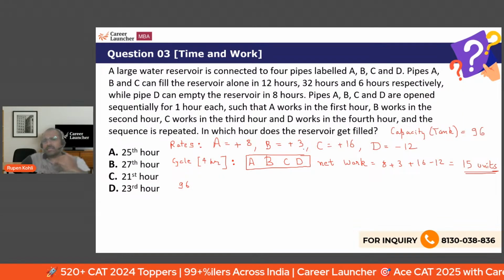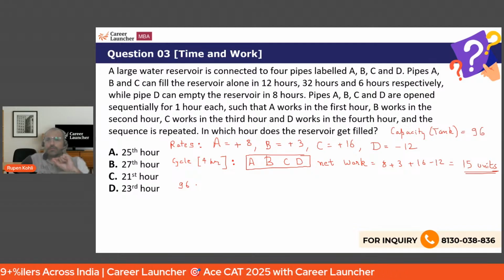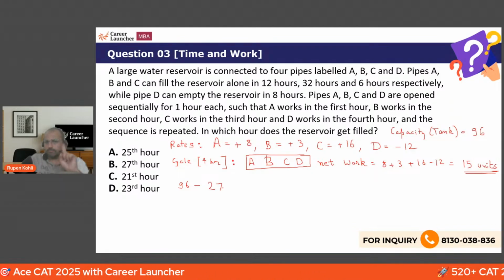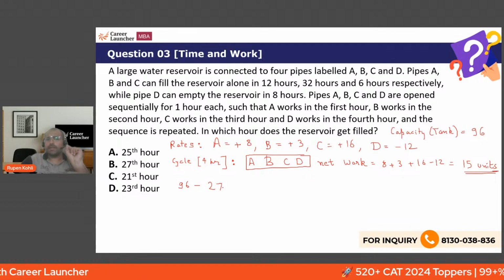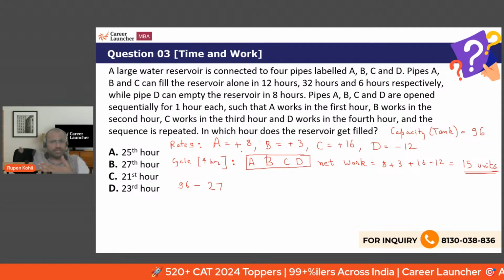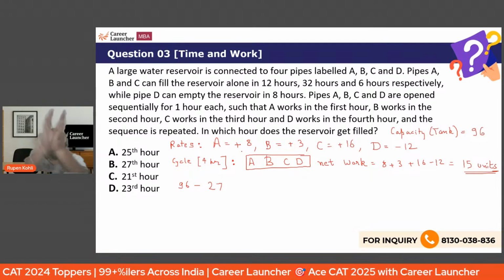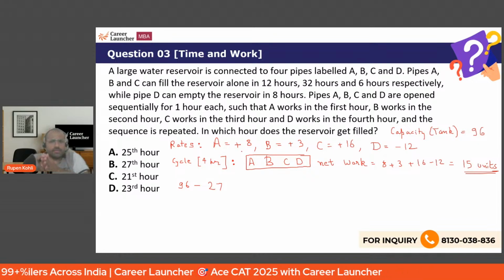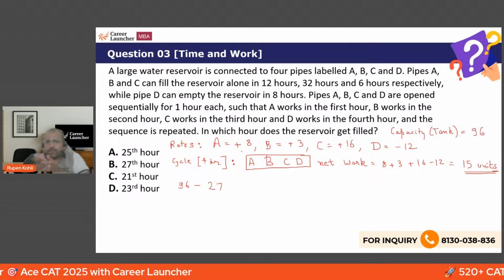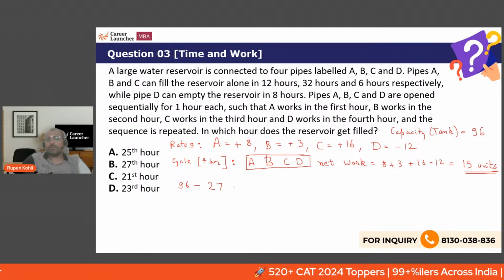So even if at the end of some cycle the tank was filled up to the level 96 minus 27, because I have to reach 96, and in the positive cycle I can do 27 units, even if I'm sitting at 96 minus 27, which is 69, I can still reach the full level of the tank.